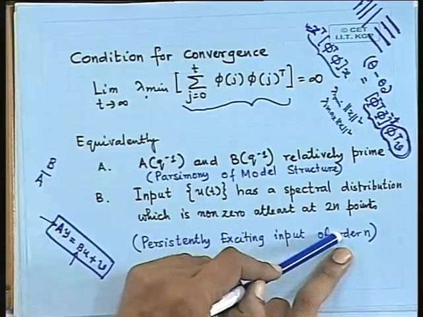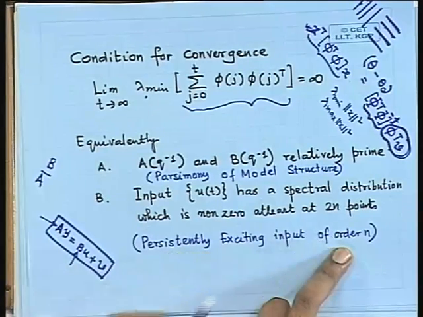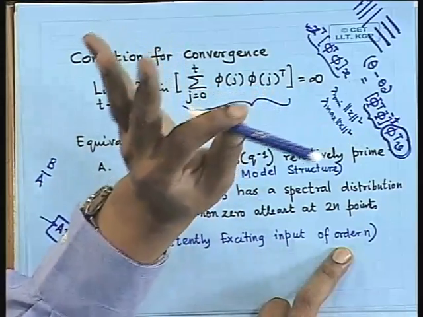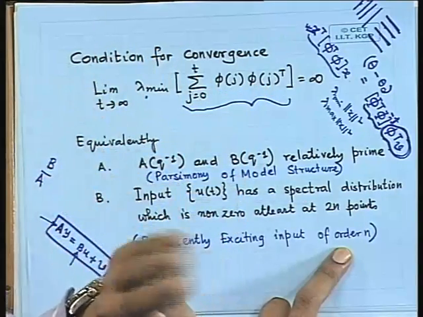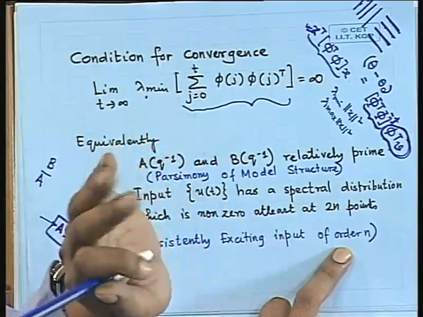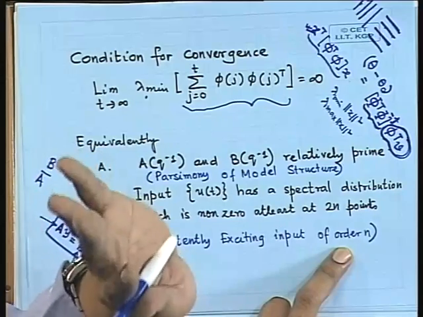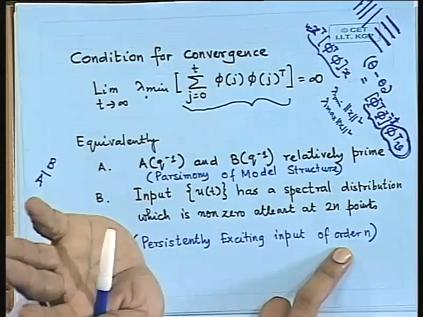To be able to excite all the modes of an n-dimensional system, because this order is n, you need n sinusoids. Whatever input you give must be decomposable as a sum of n sinusoids of non-trivial power.